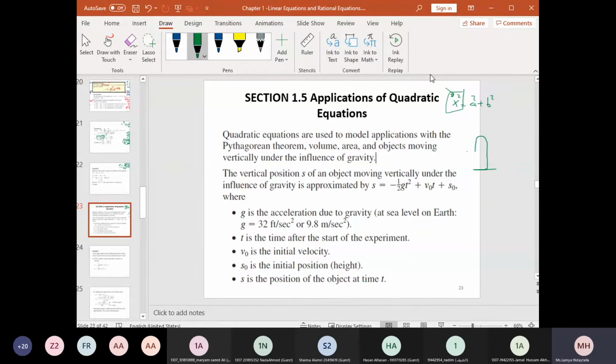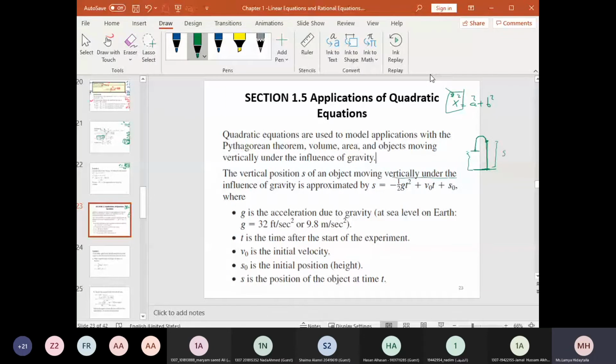If we throw it, let's say, from this height, S naught, if it is not from the ground, then to find the height of this object at any time, height from the ground, if it reaches here, the height from the ground is this S. The trajectory of this object goes like this till it reaches the ground again. There is a certain formula to find this height.